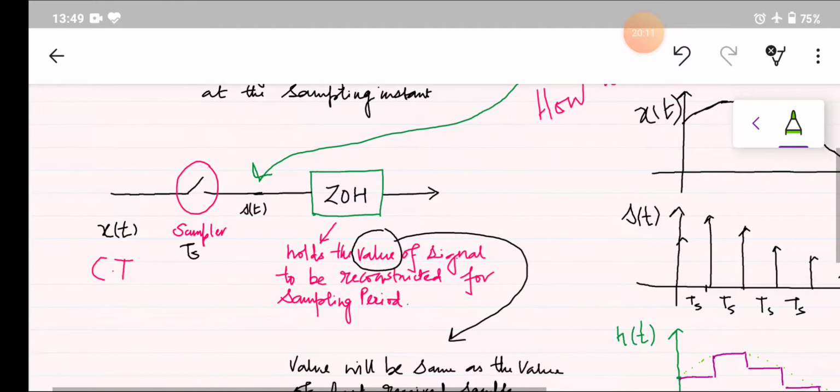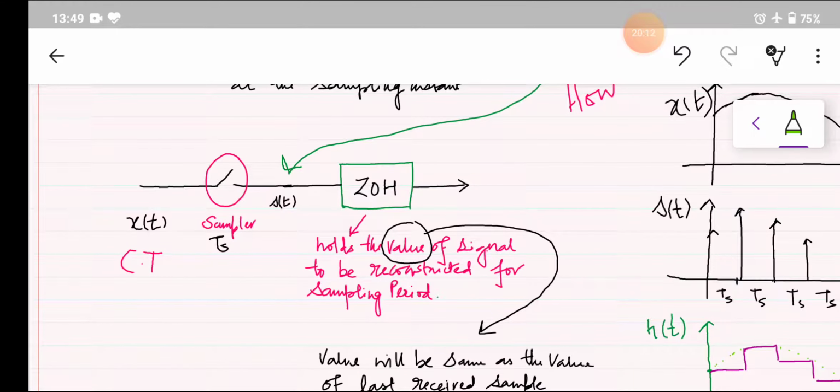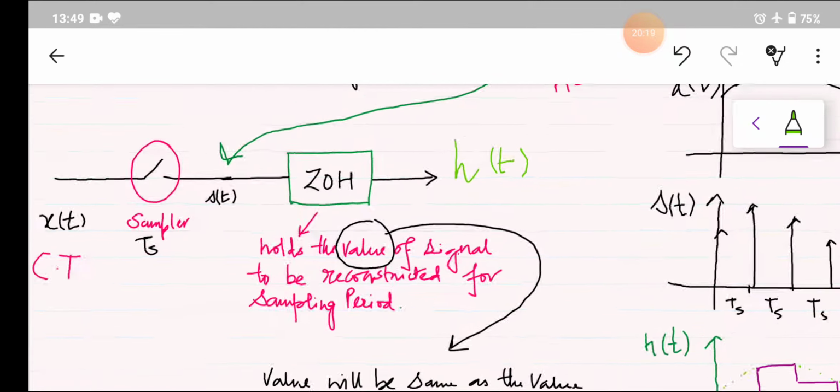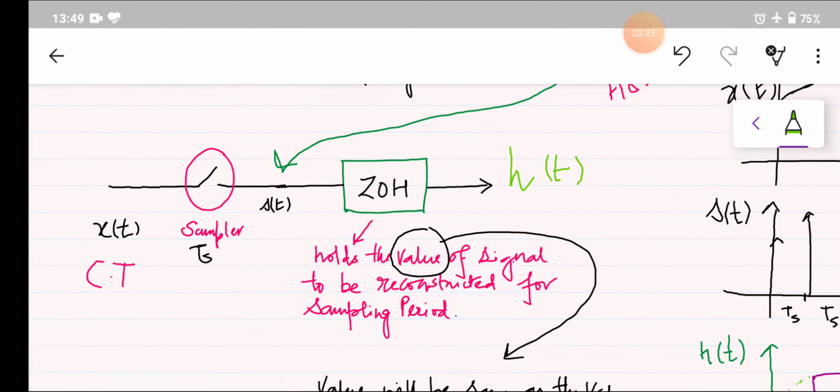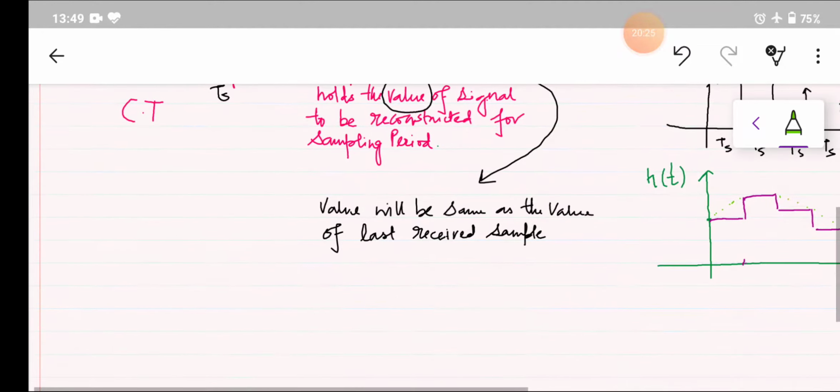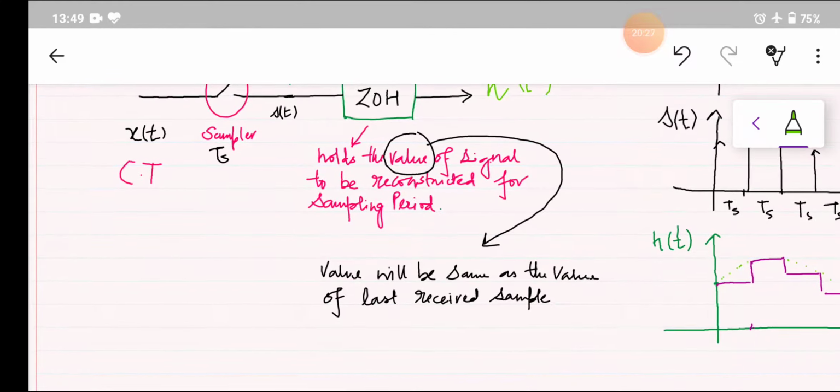So this is all for today's video lecture, and in the next video lecture we will determine what is ST, or the output of this zero order hold, and what will be the transfer function for the zero order hold circuit.